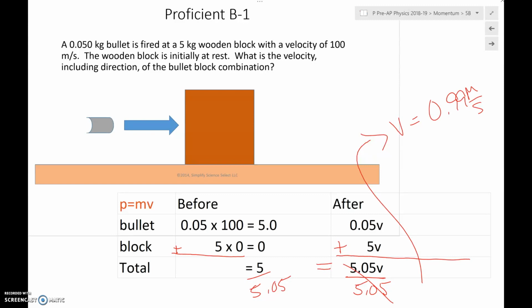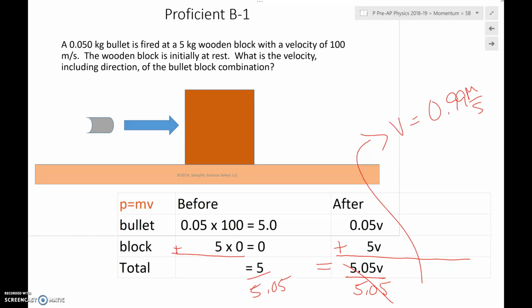Object 1 was 0.05 kilograms, and object 2 was 5 kilograms. The second object is basically 100 times bigger than the first object. And by chance, our initial velocity was 100.